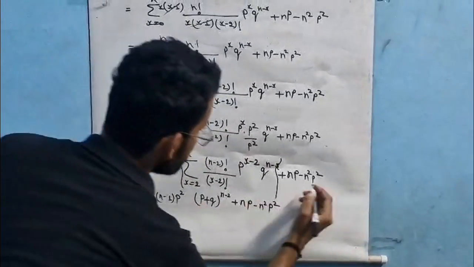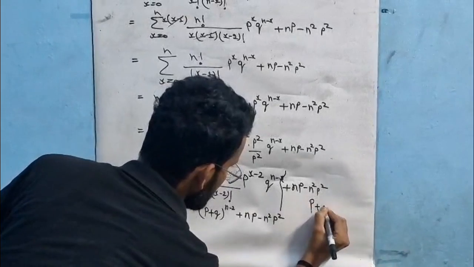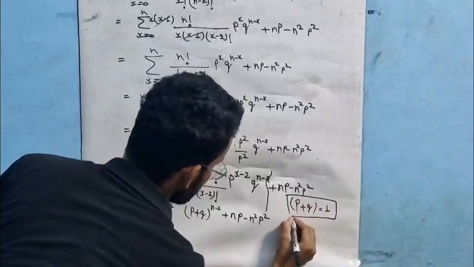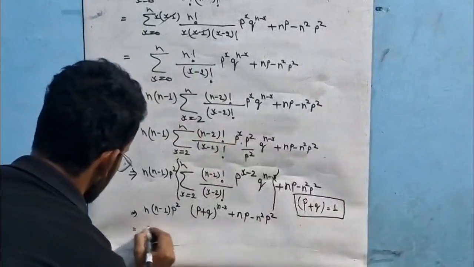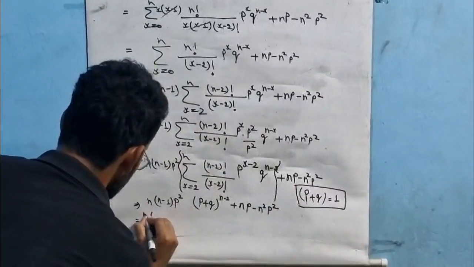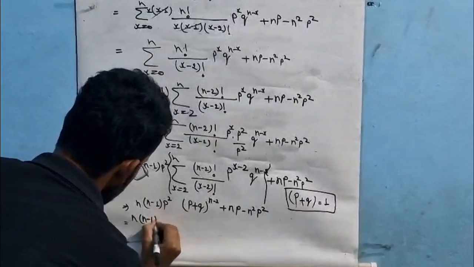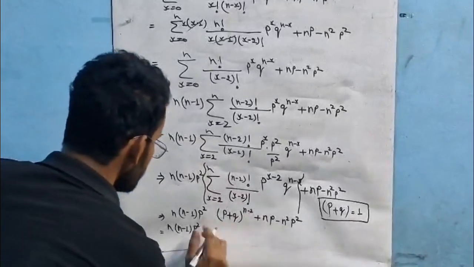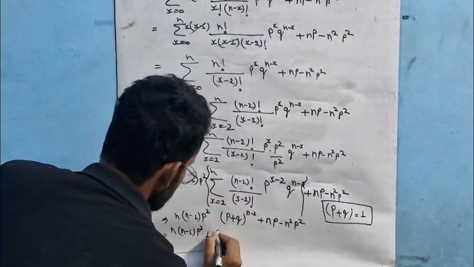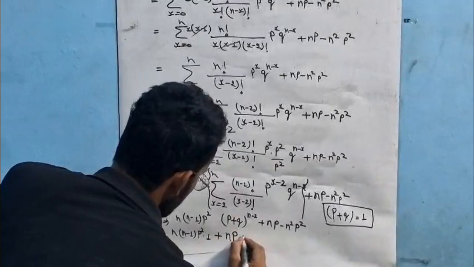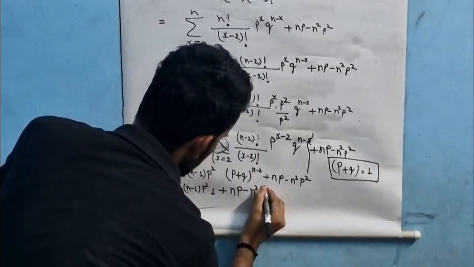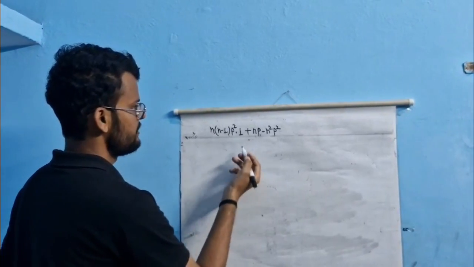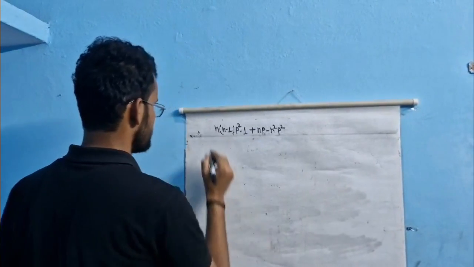P plus q is equal to 1, as we saw when calculating the mean. Now the expression becomes n into n minus 1 into p square into 1 raised to the power n minus 2, which is 1, plus np minus n square p square. So the last line is n into n minus 1 into p square into 1, plus np minus n square p square.